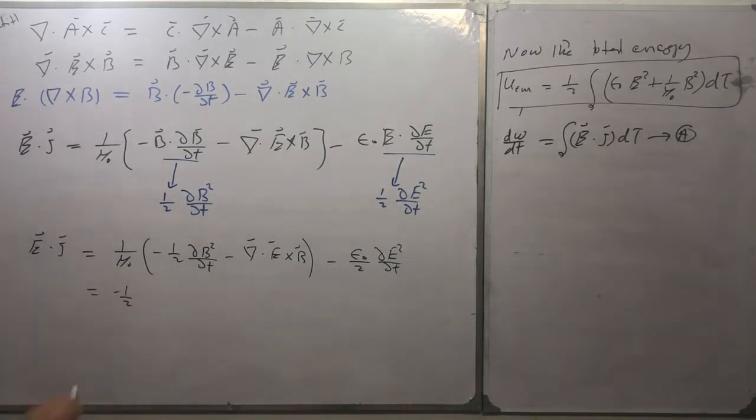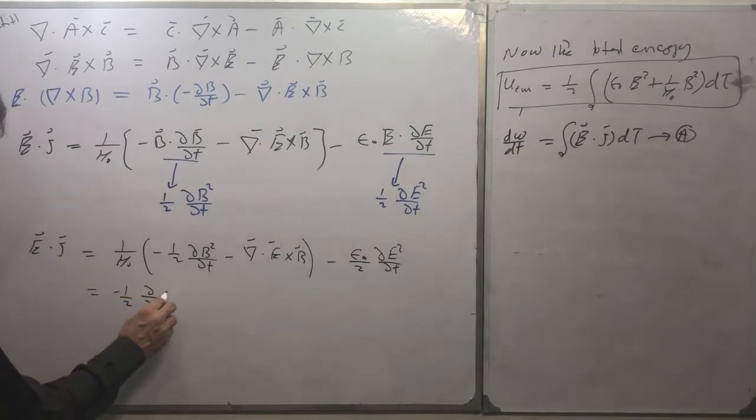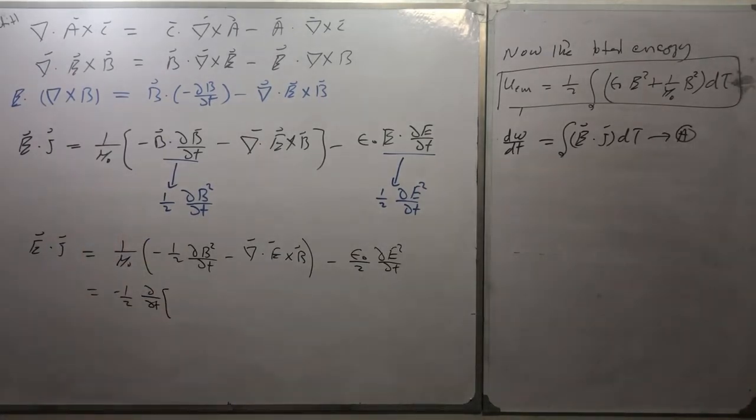Minus 1 over 2 and partial divided by partial t are common.